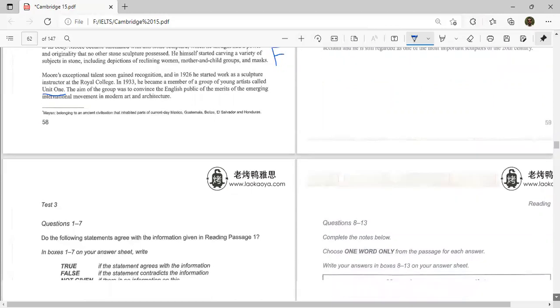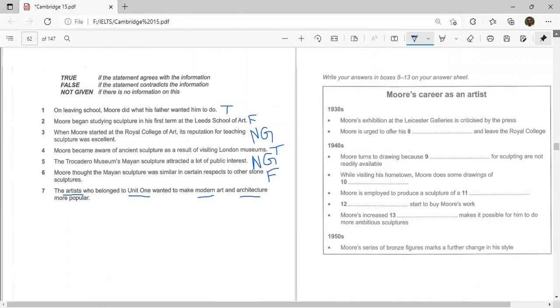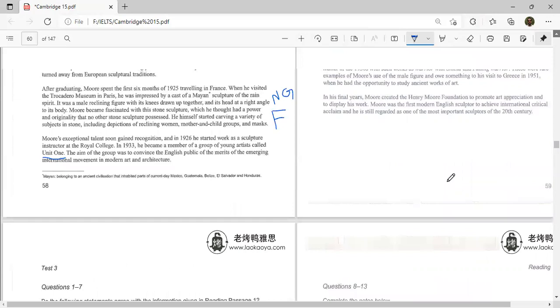Let me go back to the question again. The artists who belong to Unit 1 wanted to make modern art and architecture more popular. Can you hear me? Yes, sir. They wanted this modern art and architecture to be more popular, those who belong to Unit 1.